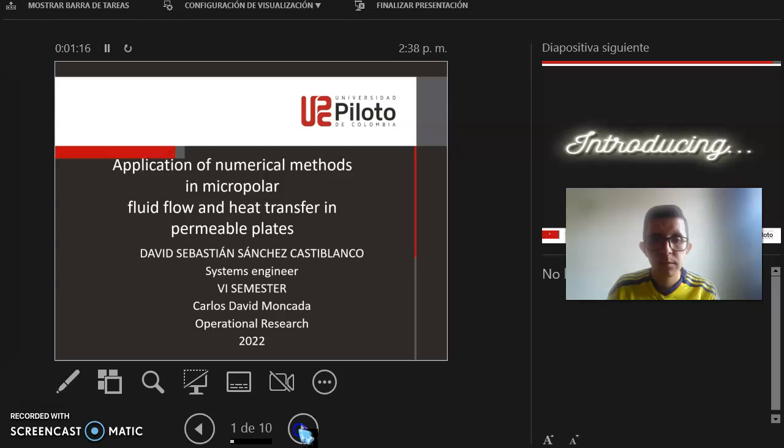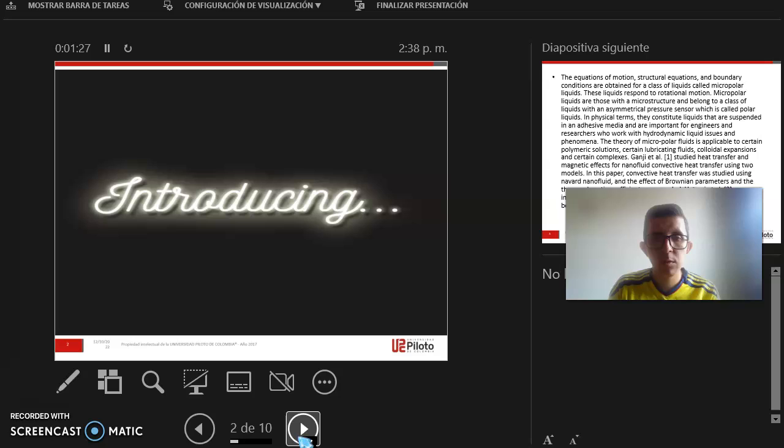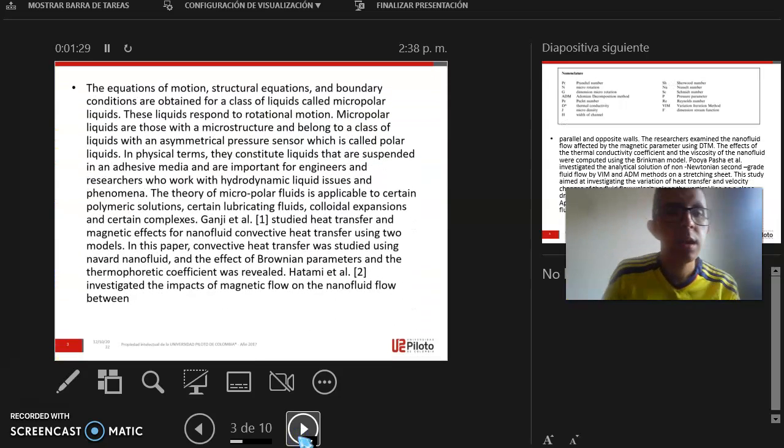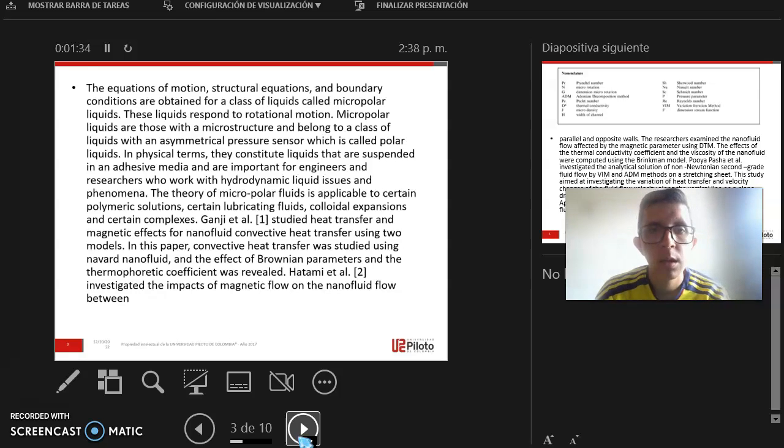Introduction. The equation of motion, constitutive equation, and boundary condition are obtained for a class of fluids called micropolar fluids. These fluids respond to rotational motion.